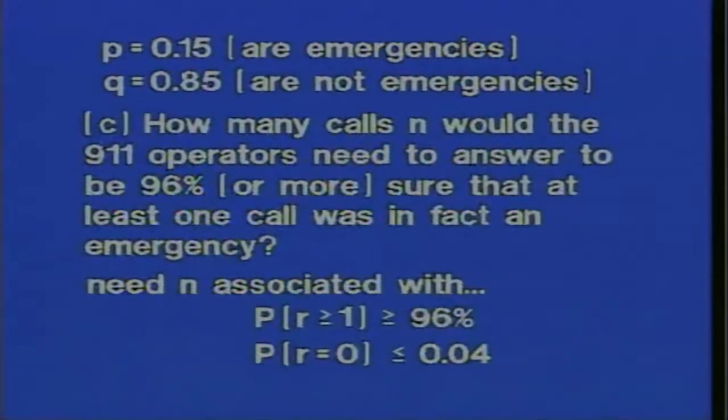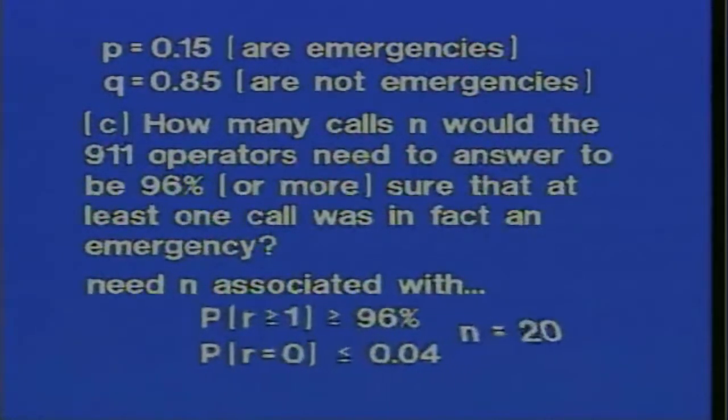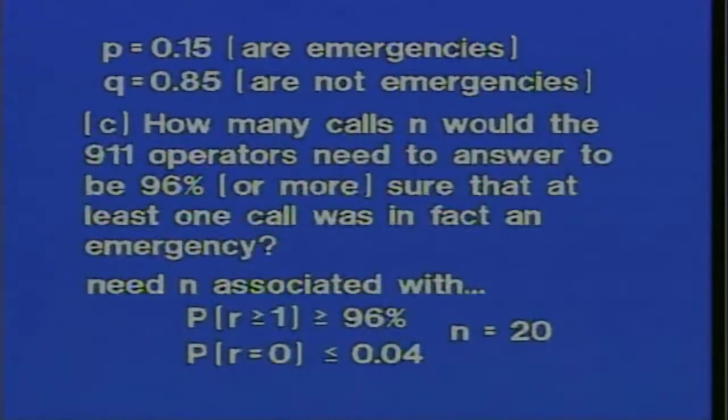So you look back there, you look at various R equals 0 values, and you'll find eventually that N needs to be 20 for an R of 0 to be less than or equal to 0.04. So the reinterpretation of the problem is 20 calls would need to be received by the 911 operators to be 96% sure that at least one is in fact an emergency.